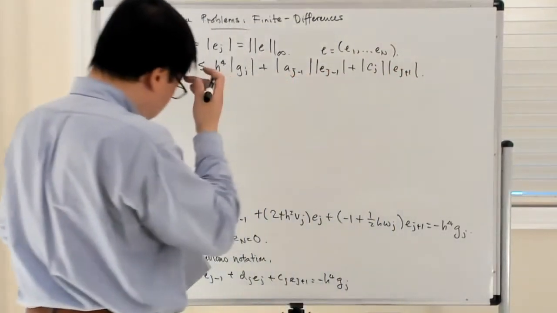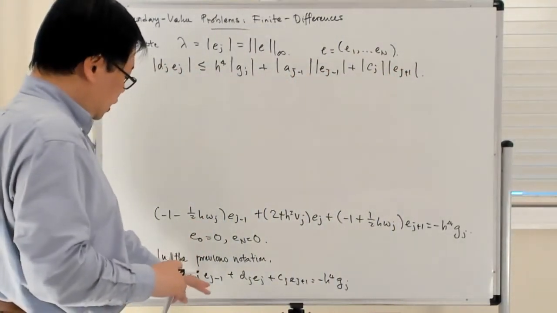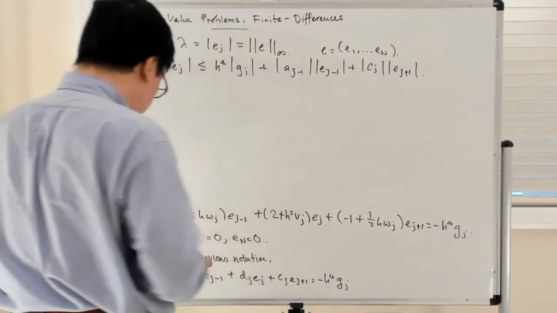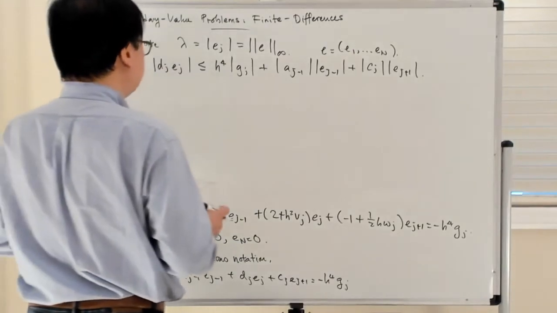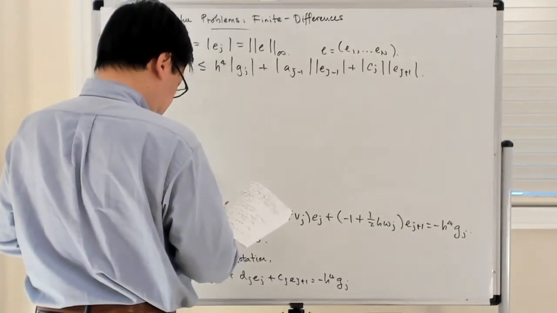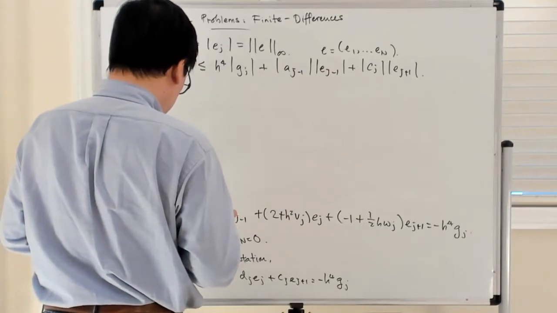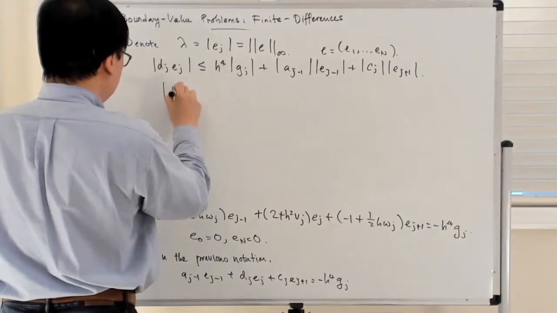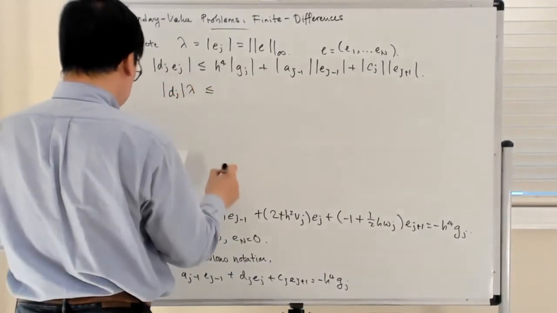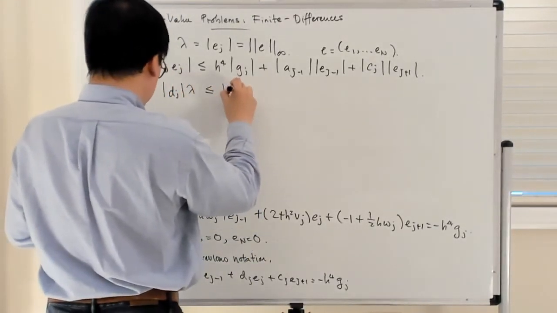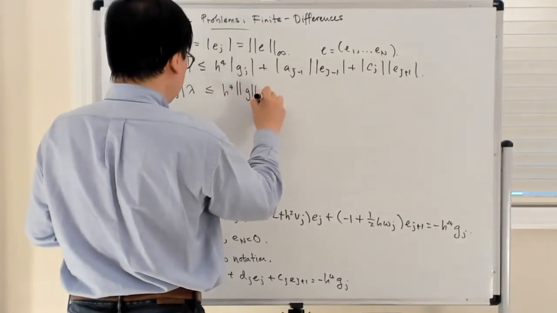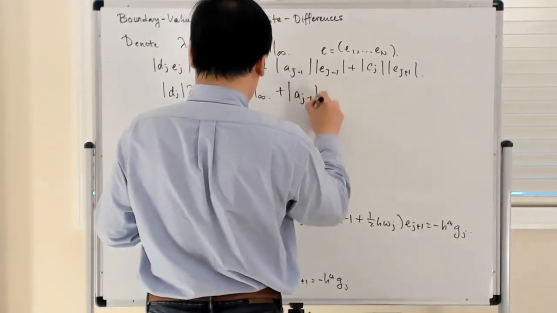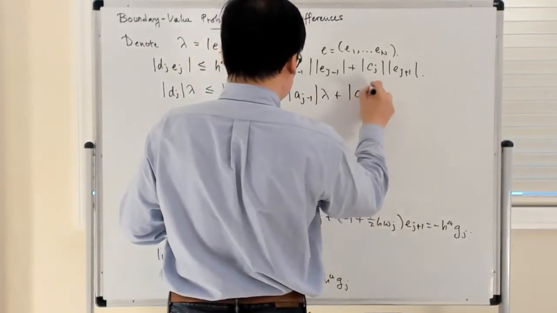Okay, so that just comes from looking at this term and then using the triangle inequality when you take absolute values. So in particular, what is true is that |d_j| lambda is less than or equal to h to the 4 times the infinity norm of g, plus |a_{j-1}| lambda plus |c_j| lambda.